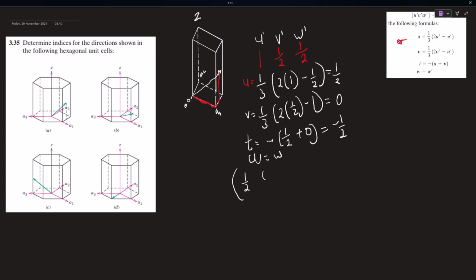We have 1 over 2, we have 0, we have negative 1 over 2, don't forget the sign please, and we have our W is also a positive 1 over 2. So we'll close our bracket, multiply all through by 2. So these two cancel. So our final answer is 1, 0, minus, sorry, we can't use minus anymore. It's going to be bar 1, and 1. So this is for our A.